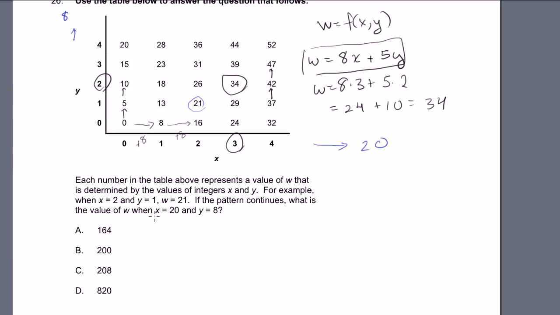What is the value of w when x is equal to 20 and y is equal to 8? Well, in that situation, w is equal to 8 times x, which is 20, plus 5 times y, which is 8, which is equal to 160 plus 40, which is equal to 200. And that is choice B. Next problem.